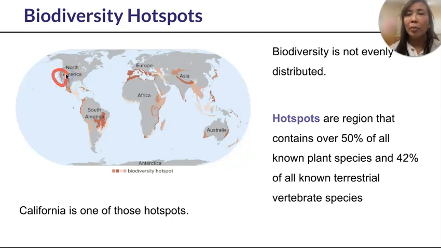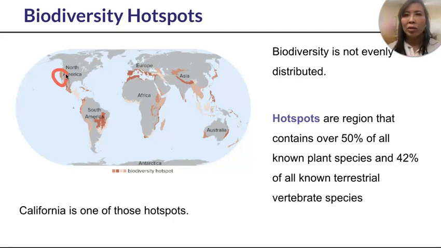So if you remember when we did the tour of the environmental study area, one of the reasons why California has so many different plant species is because we're home to so many different types of plant communities, right? We have everything from the chaparral to the desert to the redwood forest, over to the sand dune.